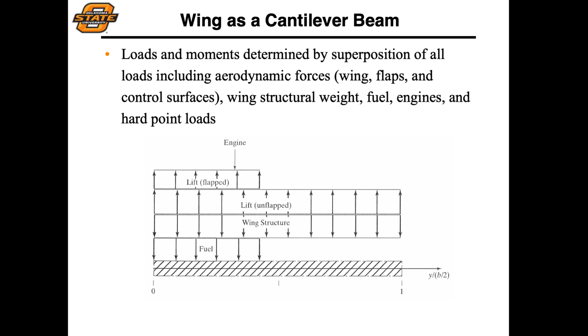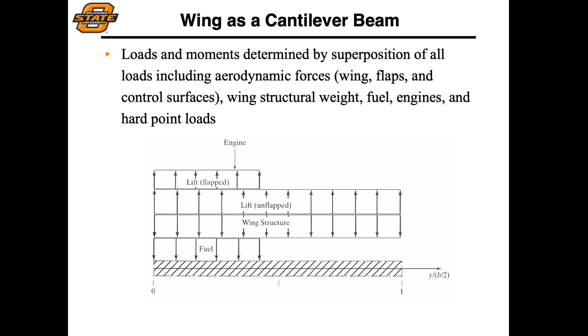Now, one of the pieces that we're going to look at in detail is the design of the wing, or the calculation of the loads on the wing. Now, what we do is first we're going to treat the wing as a cantilever beam, one end of that fixed to the fuselage, the other end of that free to deform.